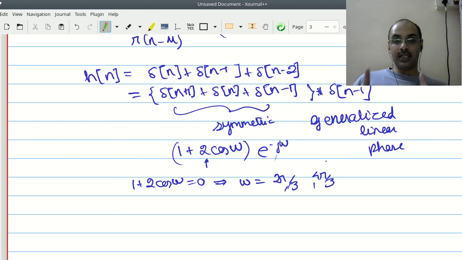For certain DTFTs, the group delay cannot be defined for certain values of omega, but many a time those points are where the DTFT changes sign, and when it crosses 0, the frequency is actually not passed through, it is blocked, and at that point you don't need to define the group delay. To the left and right, the slopes will be the same in general. There are exceptions of course, but for all the considerations in this course, this is sufficient for you to know.